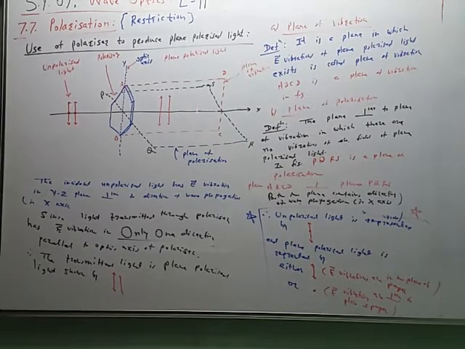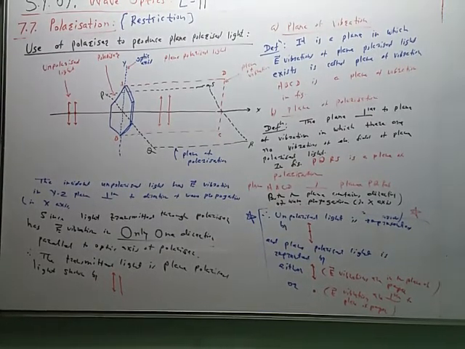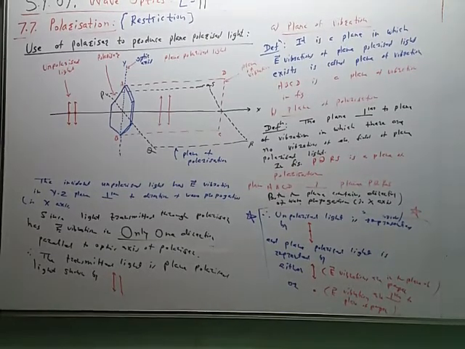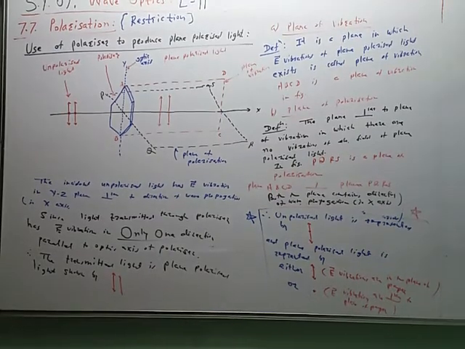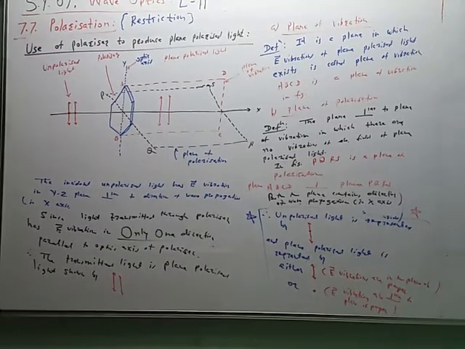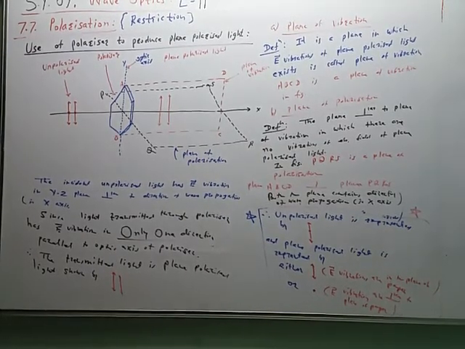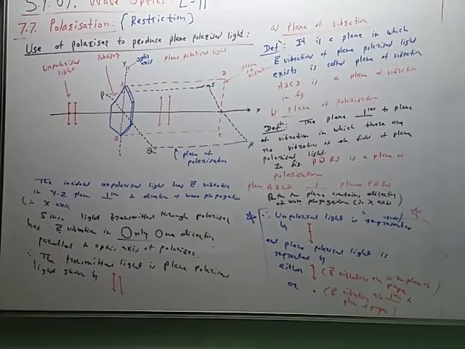By rotating, this analyzer behaves like a second slit. During mechanical waves we saw the two slit experiment. So the first slit is the polarizer and the second slit is the analyzer. In that case, by rotating the second slit S2, we can reduce the amplitude of the mechanical wave. The same is the role of the analyzer. The role of slit S2 and of the analyzer is similar, so here we have to use two crystals, the polarizer and then the analyzer. So how the plane polarized light is detected, that part we have to see.